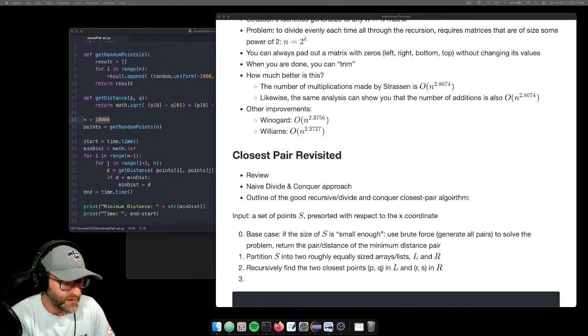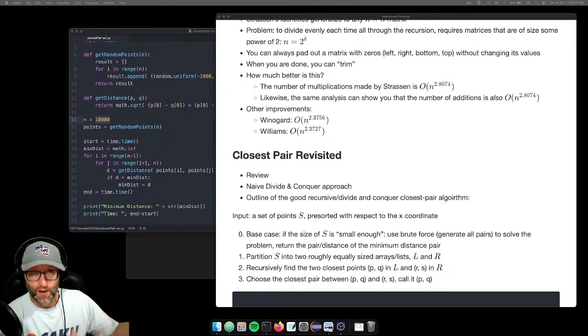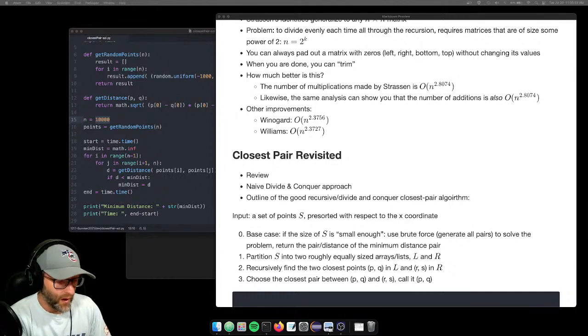Choose the closest pair between P, Q and R, S. Call it PQ just for convenience here, right? If it was actually RS, all right, fine, then that becomes your PQ with distance delta. Hopefully this works. Yep, distance delta. Good.